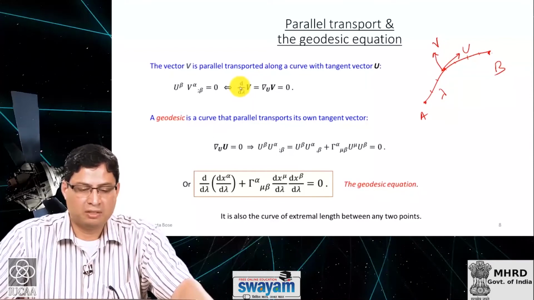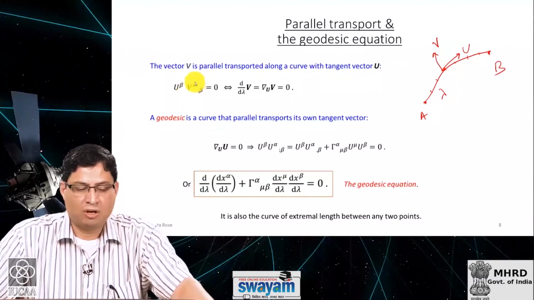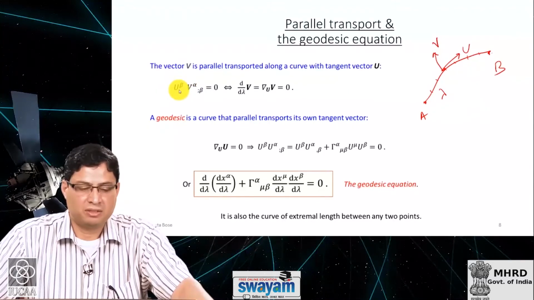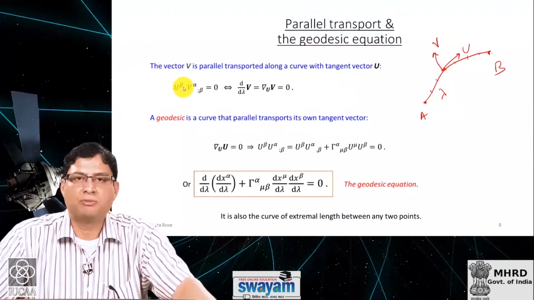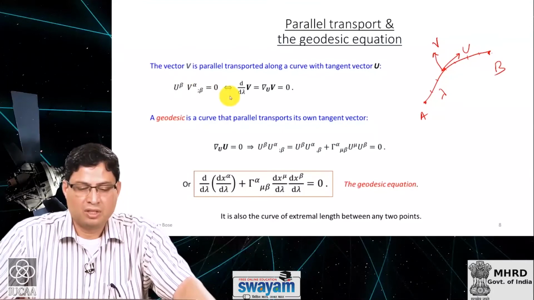You do so by realizing that d by d lambda of v is nothing but the projection of the covariant derivative of the components of v on the tangent vector. Okay. In other words, you take the covariant derivative of v^alpha with respect to x^beta, and then you contract that derivative with respect to u, and so the components of u are u^beta. Okay.